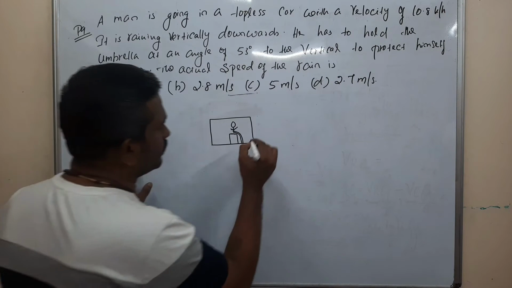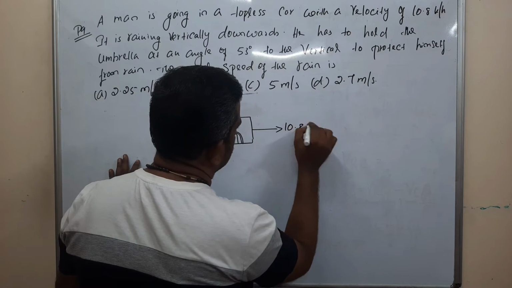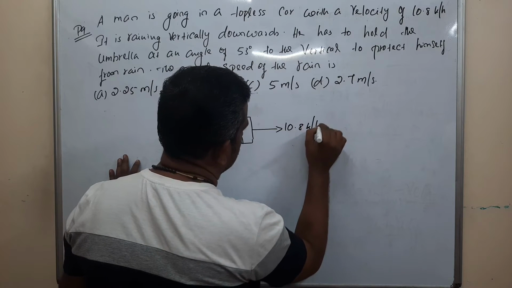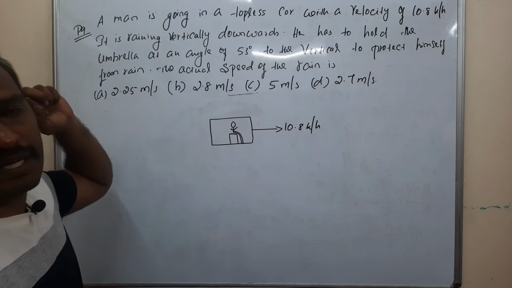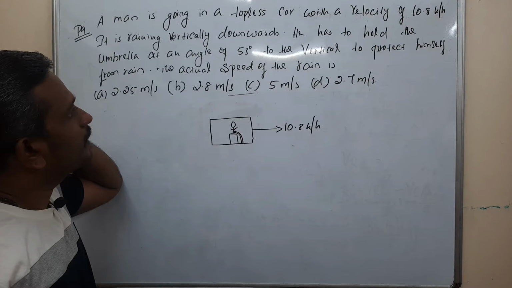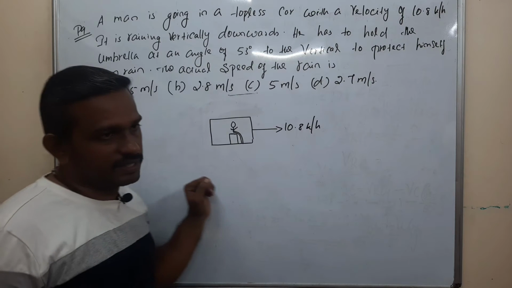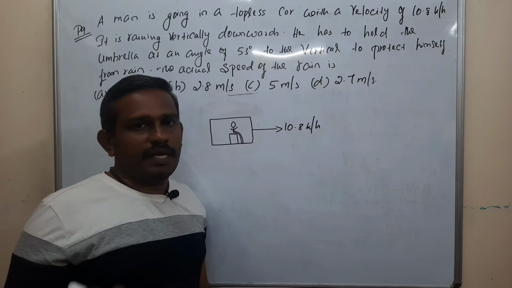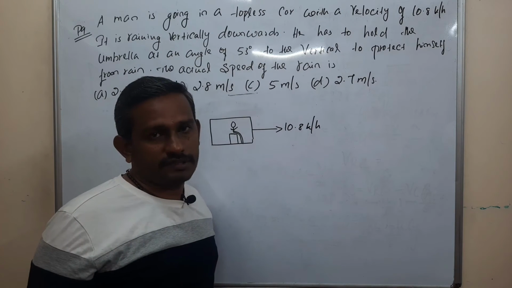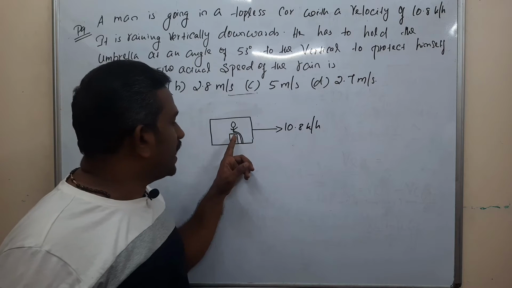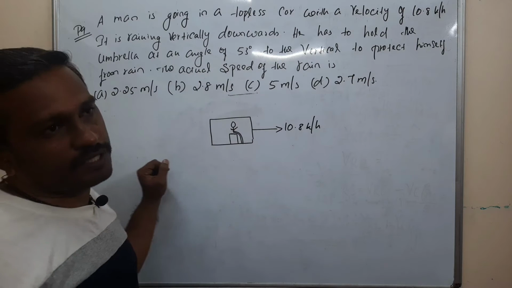The car is moving with a velocity of 10.8 kilometer per hour. It is given that it is raining vertically downwards. That means a man on the ground feels that rain is falling vertically downwards, but the man in the car feels that the rain is coming at an angle of 53 degrees to the vertical.